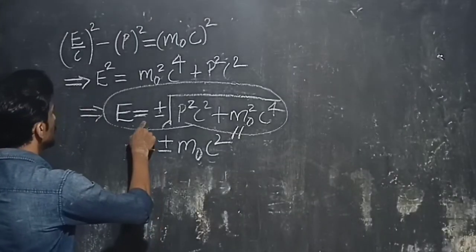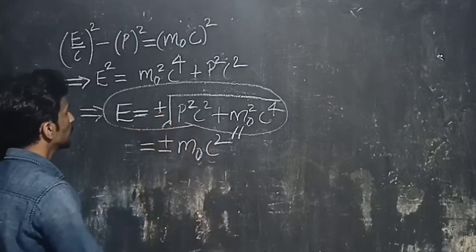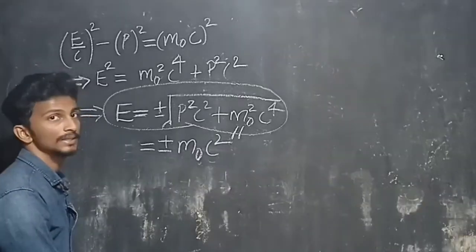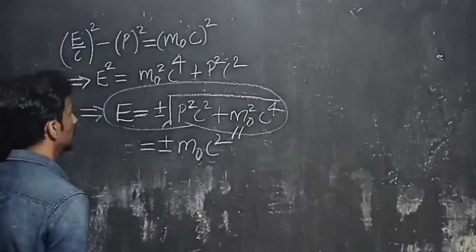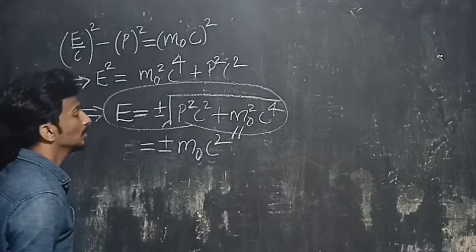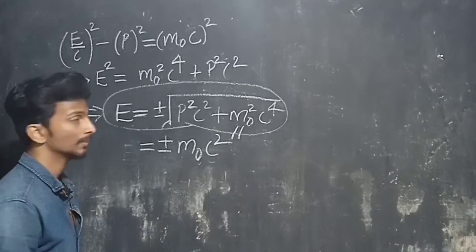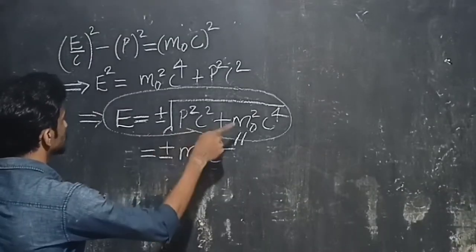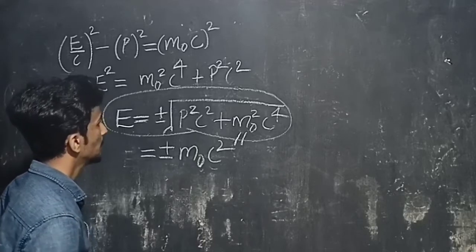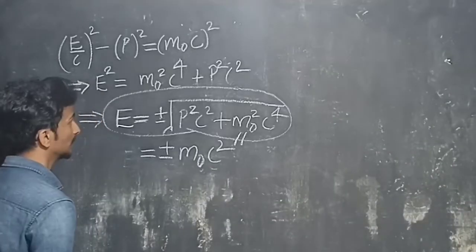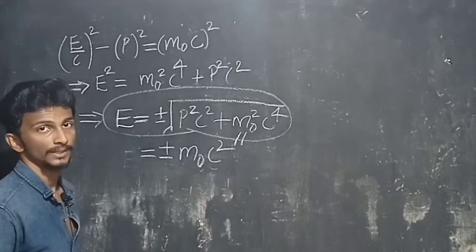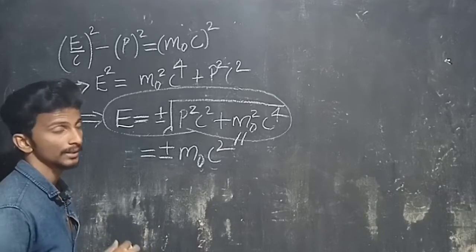E is equal to plus root of P square C square plus m naught square C raised to 4 associated with the U1 and U2 spinors for moving particles, and minus root of P square C square plus m naught square C raised to 4 associated with the U3 and U4 spinors for moving particles.